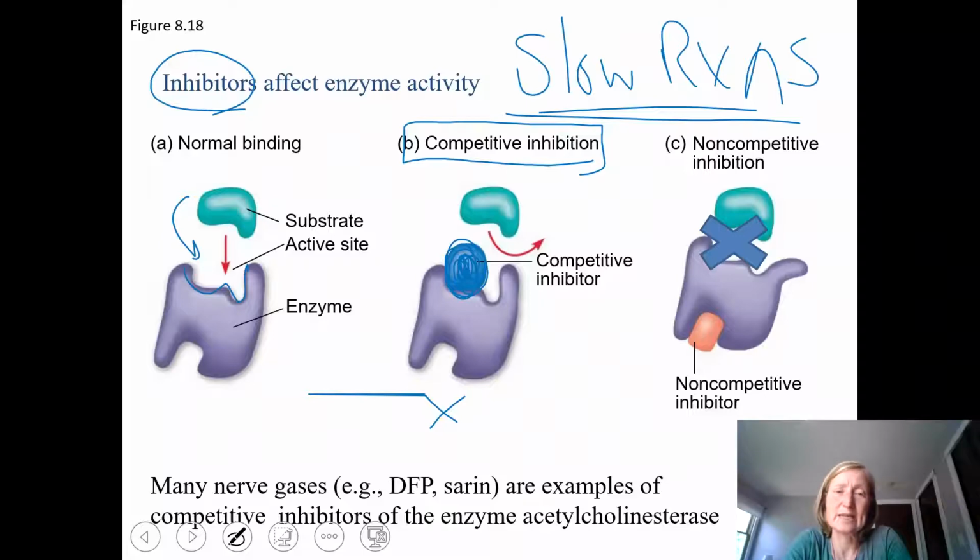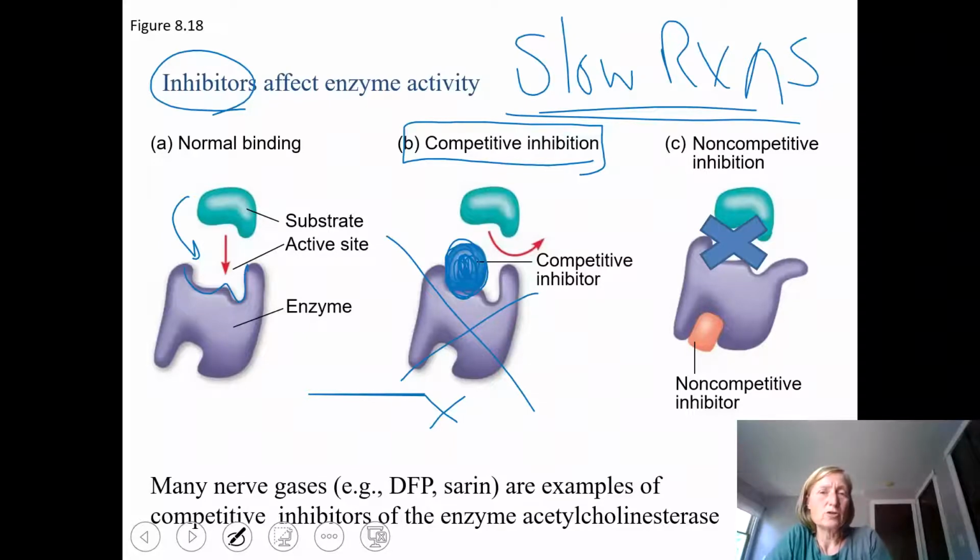Sometimes competitive inhibitors will bind irreversibly, which means they permanently bind to the active site of an enzyme. And if that happens, then the enzyme is out for good. The enzyme can't catalyze the reaction. If you've got a lot of competitive inhibitor in your reaction tube, your enzymes won't be able to catalyze the reaction, and the reaction rate should slow down.